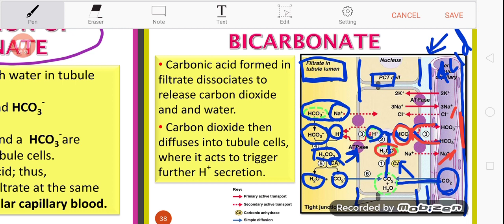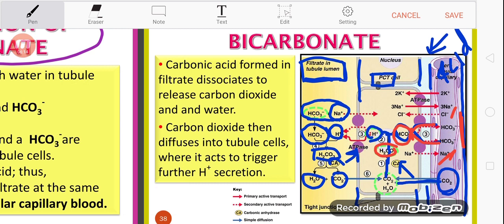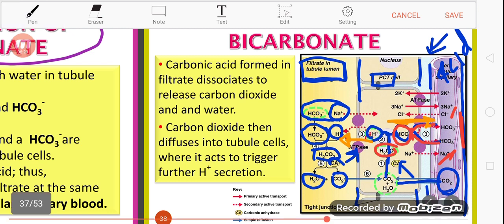This is how the cells in the proximal tubule region reabsorb back this bicarbonate ion and excrete out the extra hydrogen ion.